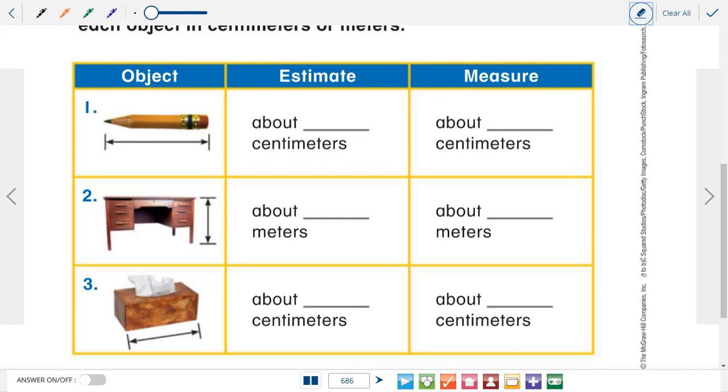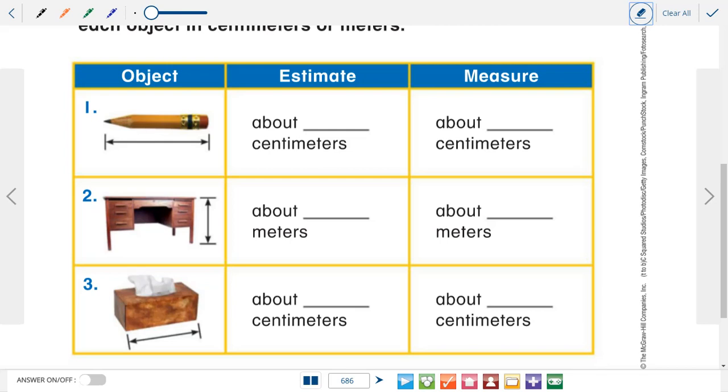For example, when you hold your pencil, what do you think the length of it is? In your opinion, maybe it is 20 centimeters, maybe another student's pencil is very small, so maybe it is only 5 centimeters, okay? So estimate about how long your pencil is, write it here, and then measure.